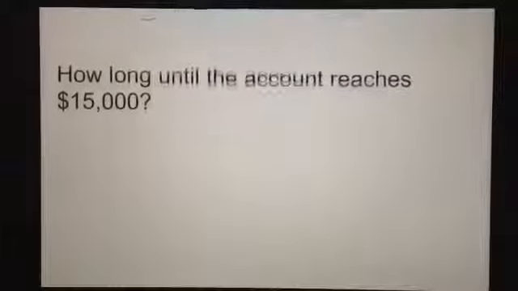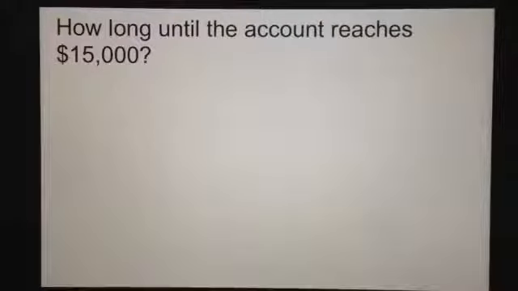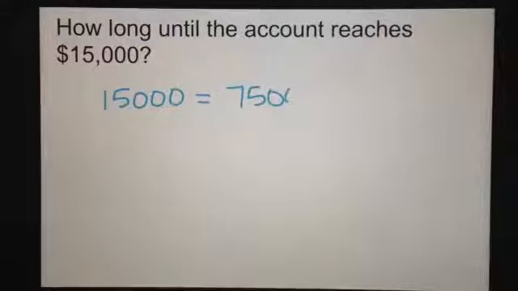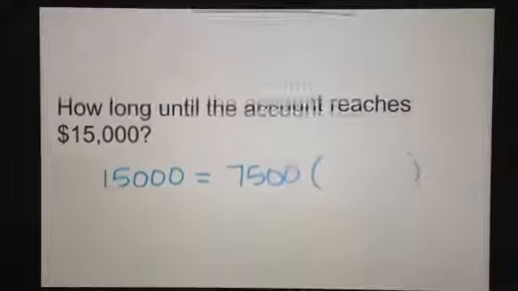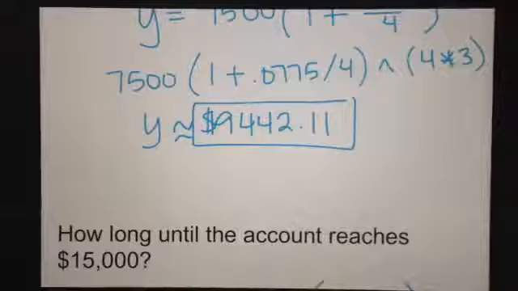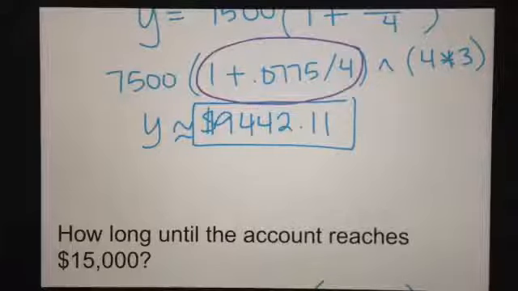The next question we're going to do with that is how long until the account reaches $15,000. Go ahead and pause the video and write that down. So now I'm going to say $15,000 equals that initial value, which is $7,500. And then in the parentheses, just to make my life a little bit easier, I went ahead and took this and plugged it into my calculator.